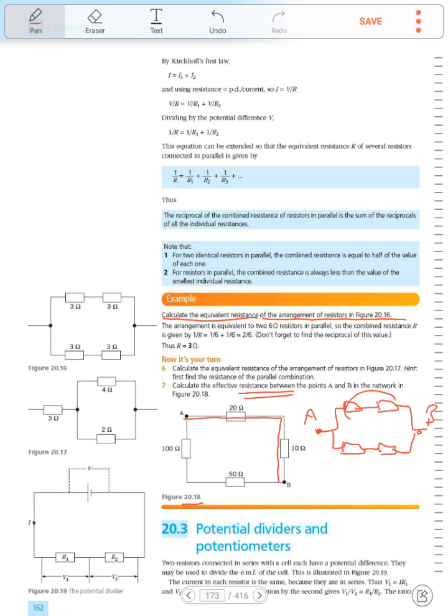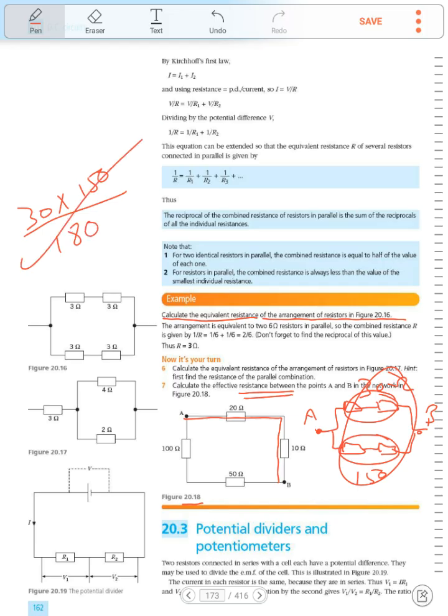So 20 plus 10 is 30 ohms, and 150 ohms. These are connected in parallel. So 30 multiplied by 150 divided by 150 plus 30, which is 180. In this way you can find the value of total resistance between A and B.